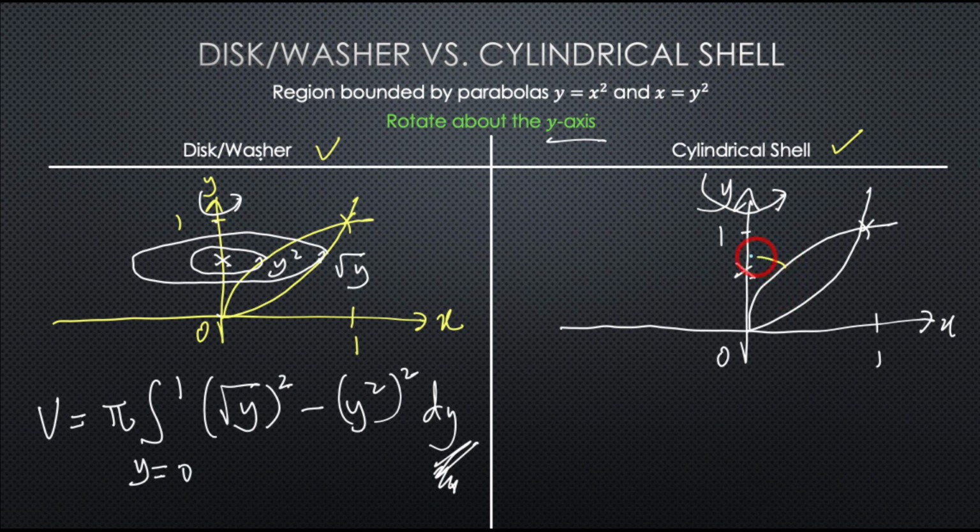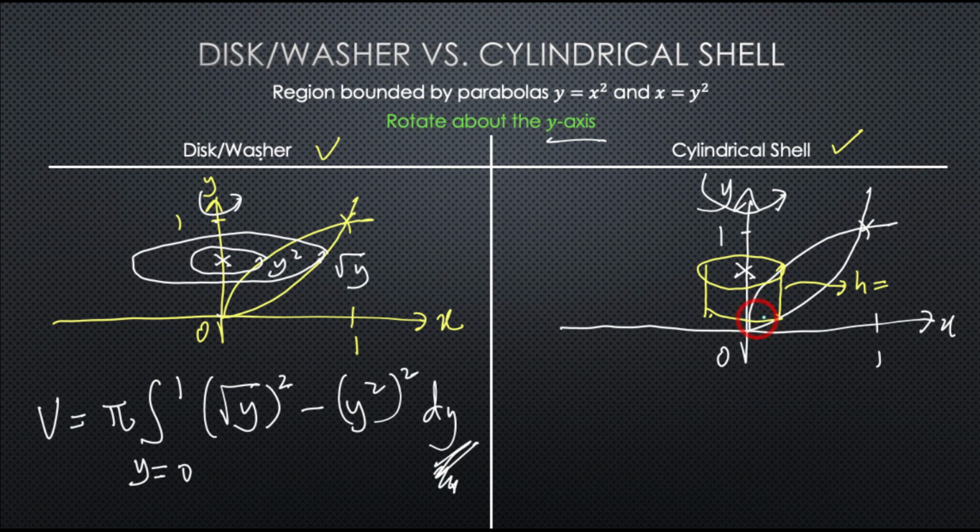You have one circle here, and then you need to make this become a cylinder, you add the height. Now it becomes a cylinder. So the height is the large curve minus the small curve.